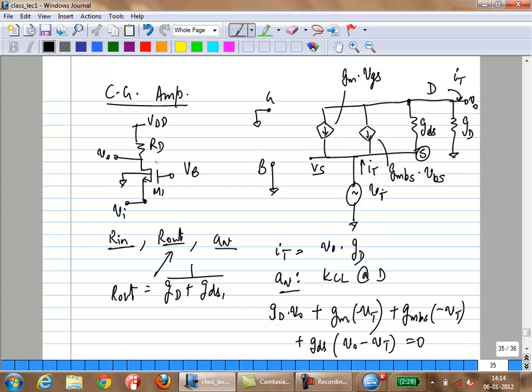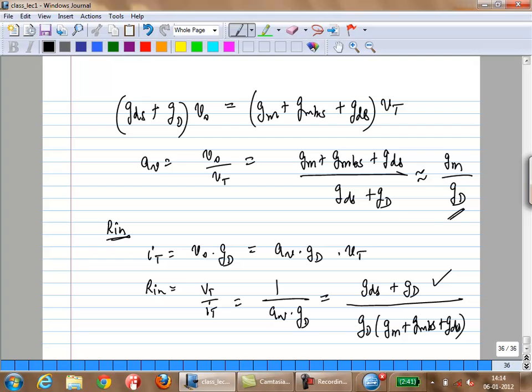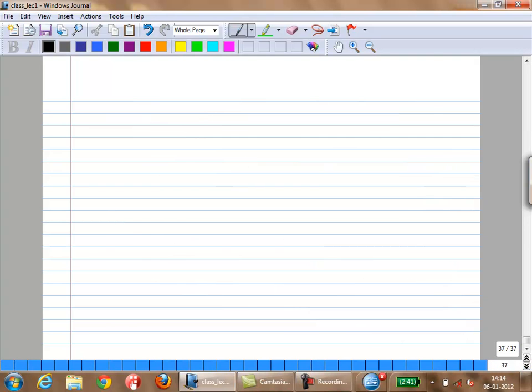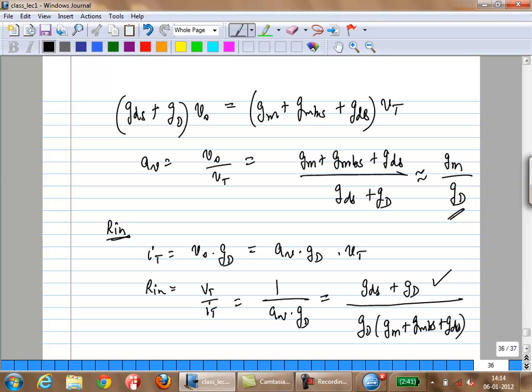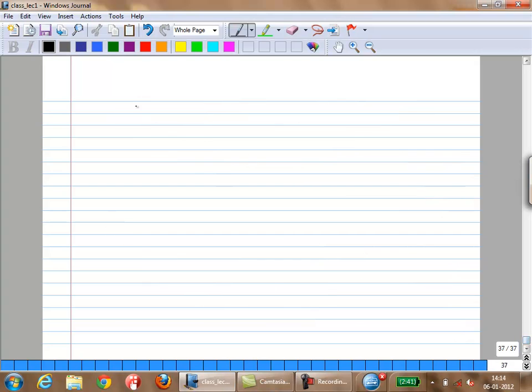You will see circuits later in this course where the impedance at the drain is of the order of 1 over GDS or even much larger. So don't always assume that the input impedance at the source of a common gate is just 1 over GM. It depends on the impedance at the drain. Of course, you can simplify this a little bit further.